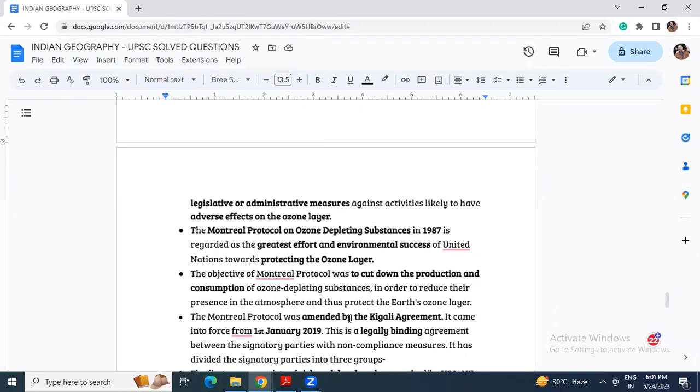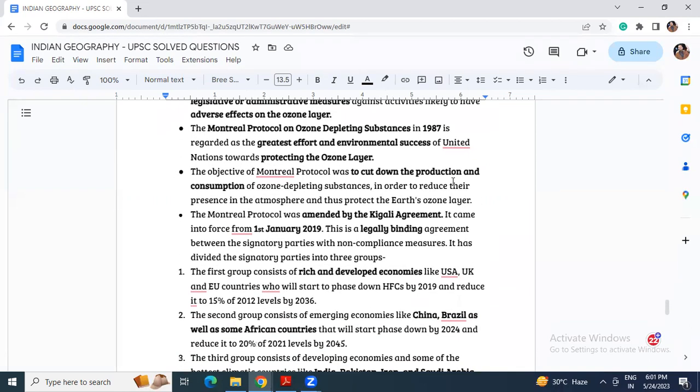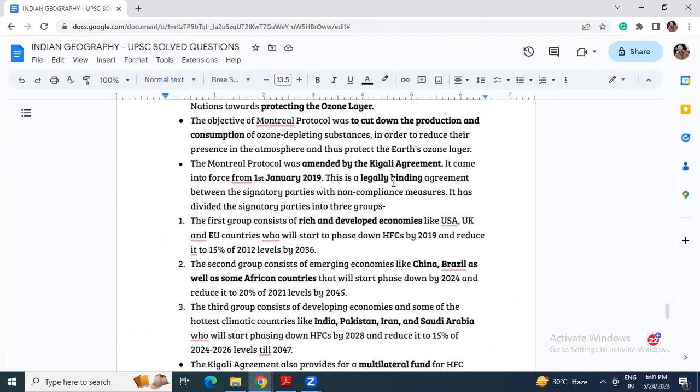It is regarded as the greatest effort and environmental success of the United Nations towards protecting the ozone layer. The objective was to cut down the production and consumption of ozone depleting substances in order to reduce their presence in the atmosphere and thus protect the Earth's ozone layer.